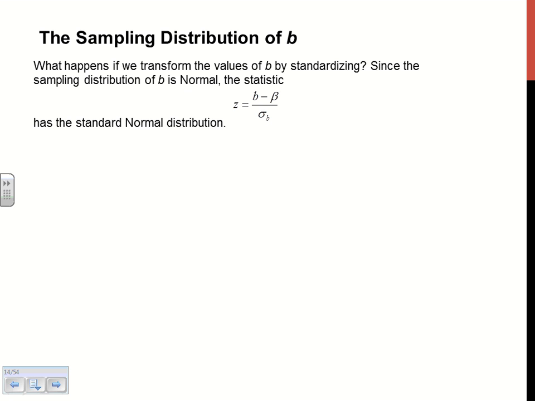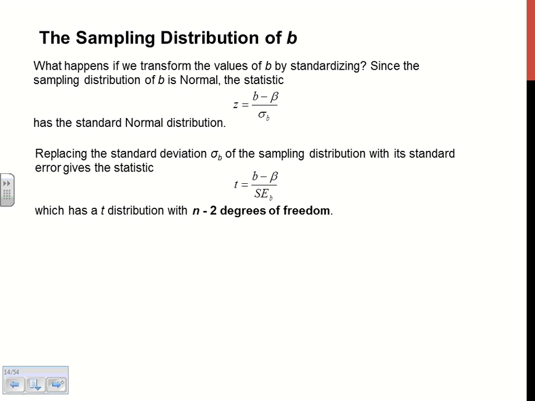So let's transform some of these values. When we have our z-score, we know it's the actual minus the predicted over the standard deviation. So let's replace some of this. Because we don't know the actual population standard deviation, instead of having a z, we're going to have a t. And since we don't know sigma, we can replace it with the standard deviation of the residuals.